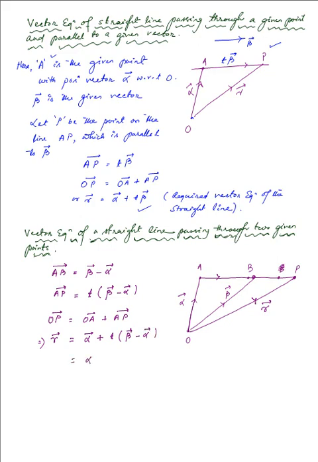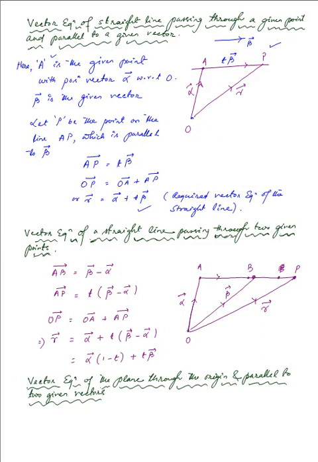So alpha vector times 1 minus t plus t times beta vector, we can write that in that form. So that is our required equation of the straight line which is passing through two given points.